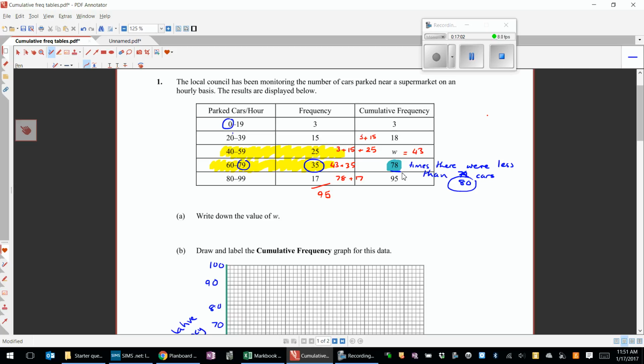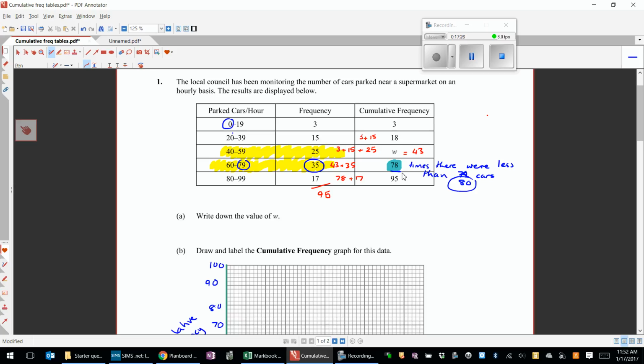And 20 to 39 is therefore less than 40. Remember, we can't have a gap. If I did 0 to 19 and then 20 to 39, I would be suggesting that there's a gap between the two. So when you read cumulative frequency, it's all about less than the value.